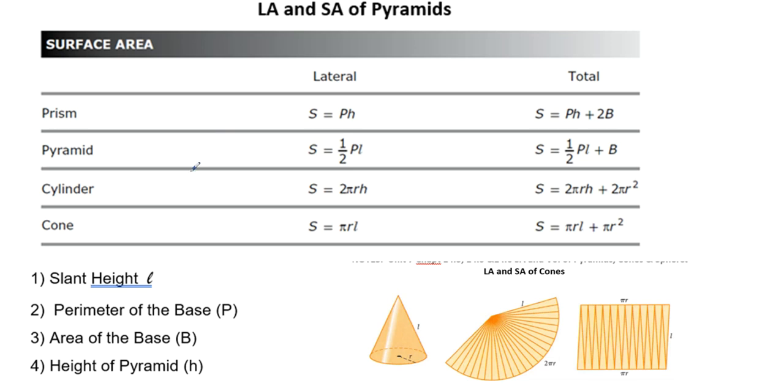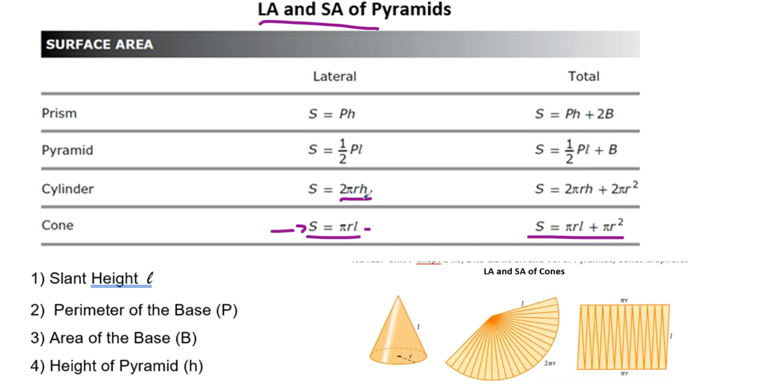So we're going to just basically plug and play formulas like we did on cylinders, and we're going to focus right here on, first of all, lateral and surface area of cones. So I want to compare the formulas real quick. Now let's take a look at cylinder and let's take a look at cone. Basically what's happened is the surface area of a cone is half that of a cylinder.